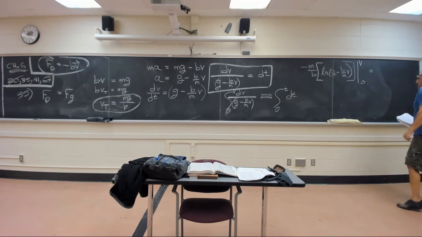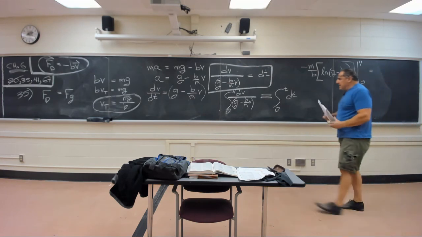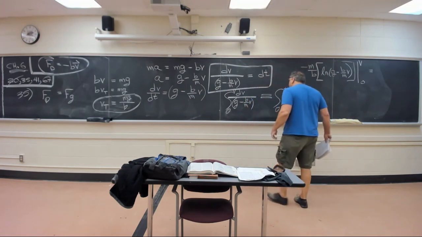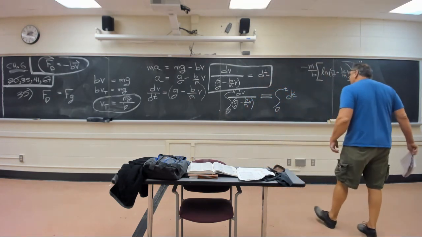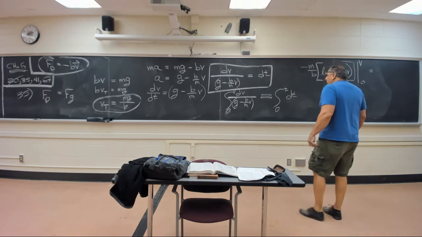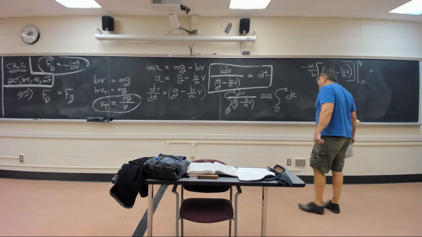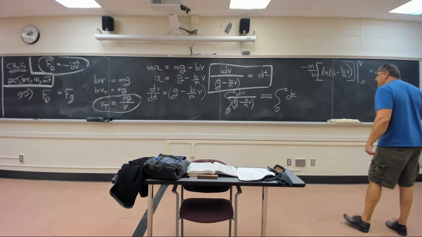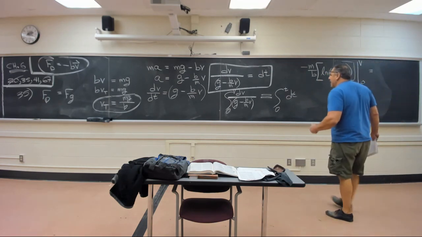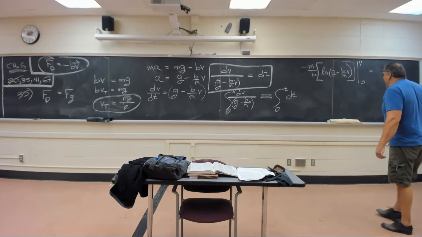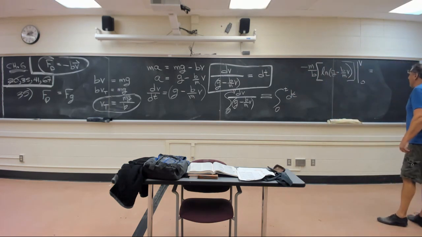The other one, let's just make sure that was on the mark. Basically, you got to call this guy a u and say, well, how would I do this? Well, if that was a u, it'd be negative b over m dv. Well, I don't quite have that, but I can put negative b over m dv, canceled out by a negative m over b to have it work out. Anyway, there's a whole bunch of processes to get there.